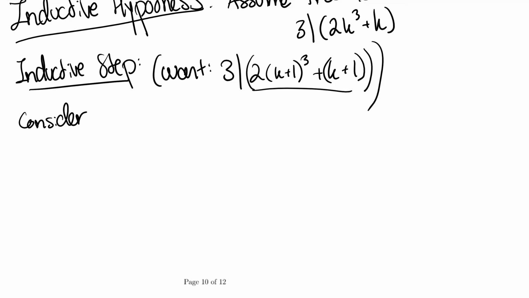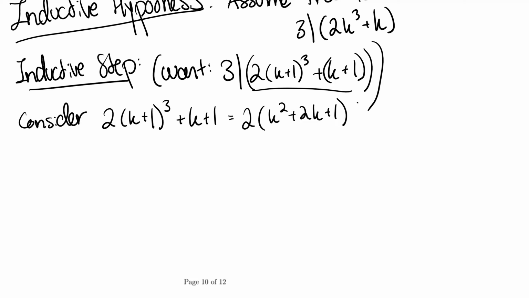Consider just this part. So 2 times k plus 1 cubed plus k plus 1. So what is that? Well, we get k squared plus 2k plus 1 times k plus 1 plus k plus 1. That's 2k squared plus 4k plus 2.